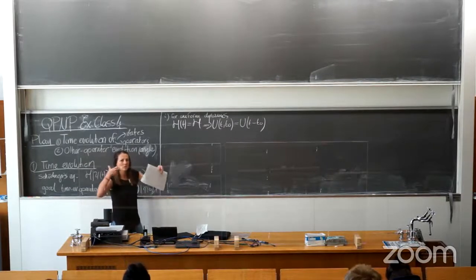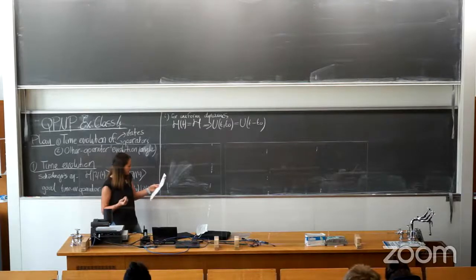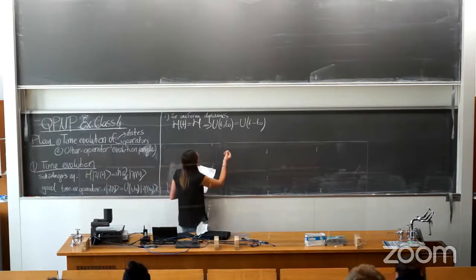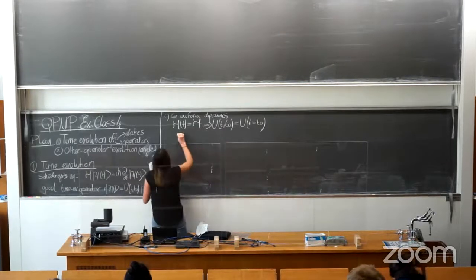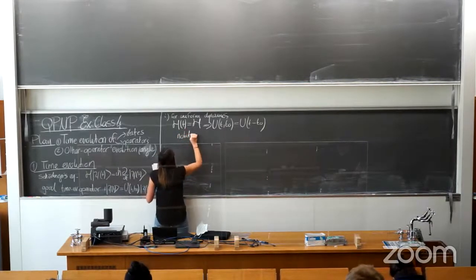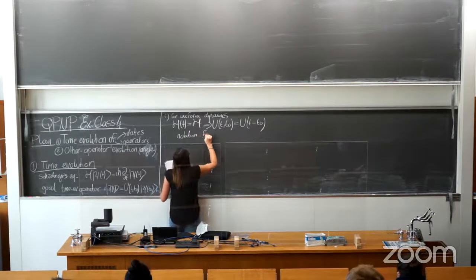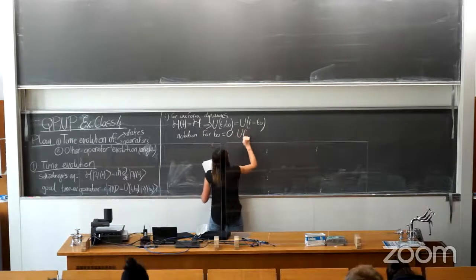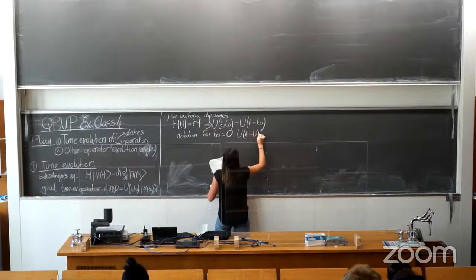To connect with your question. And if we write the notation for t0 equals 0, we write U of t minus 0, like U of t.